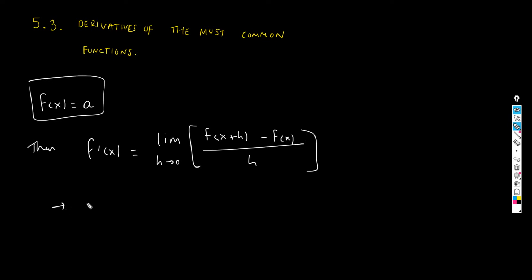So let's continue working with it. That means that f prime of x is going to be equal to the limit as h goes to 0 of f of x plus h. But you have to understand this about the constant function.